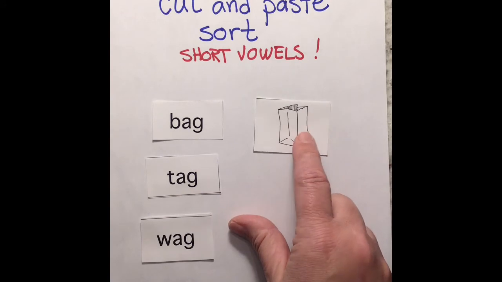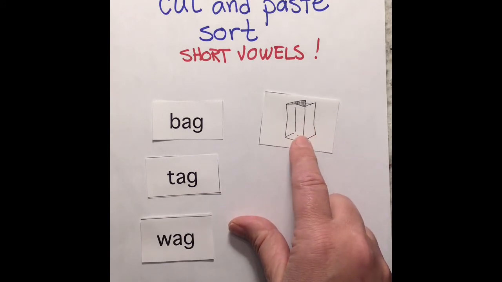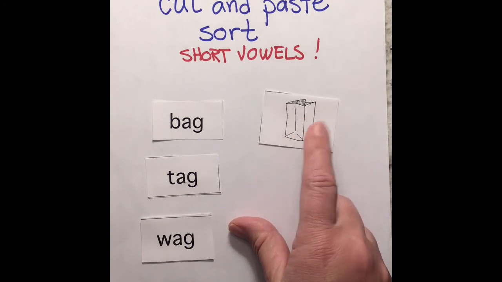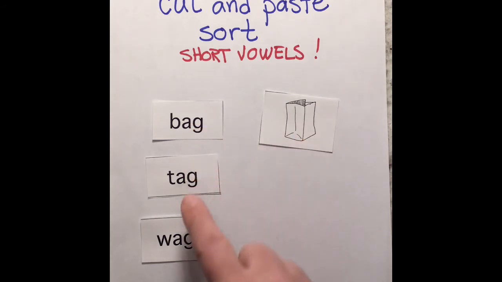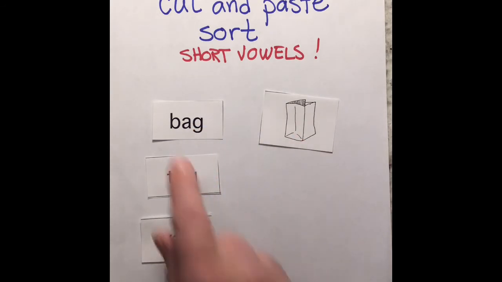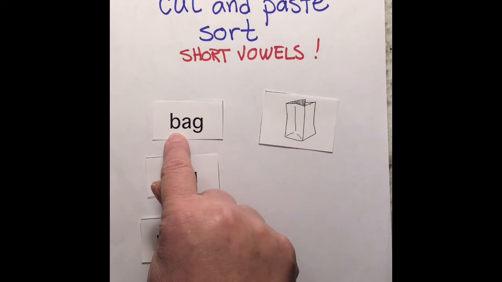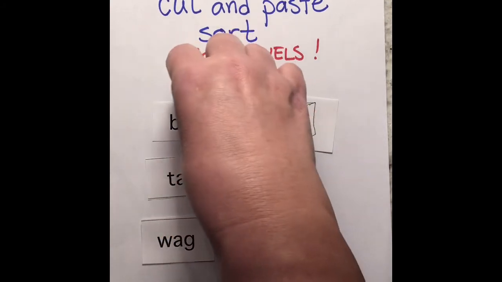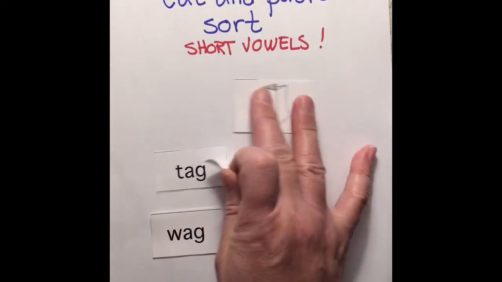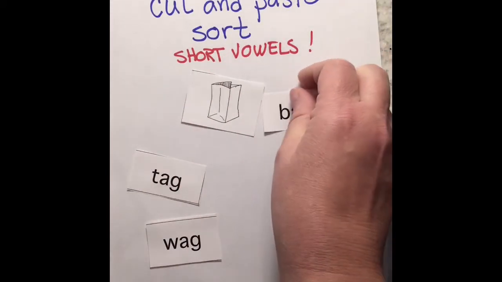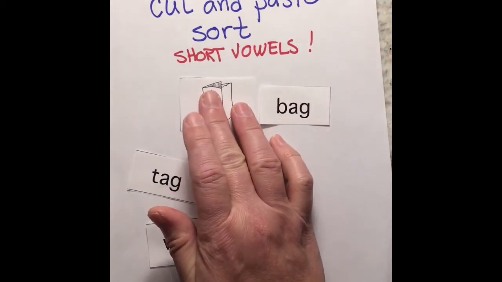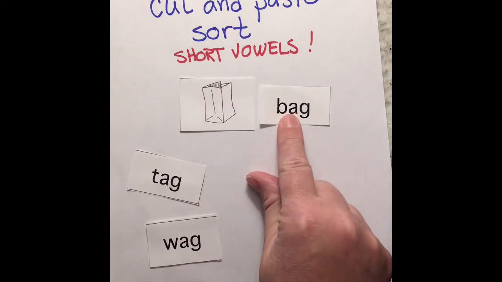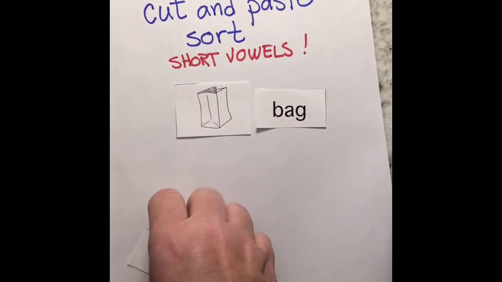What would you expect to see at the beginning of the word bag? B. Which one of these words is bag? Is that a B? Is that a B? Oh, it's this one. So we'll put bag with bag.